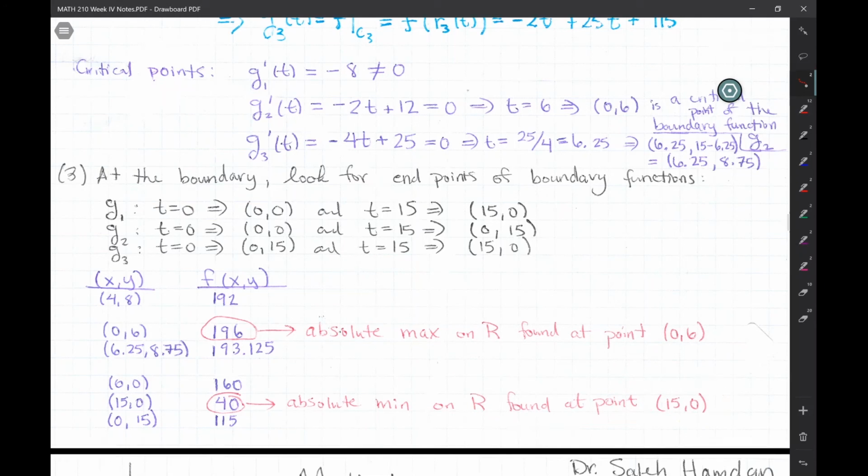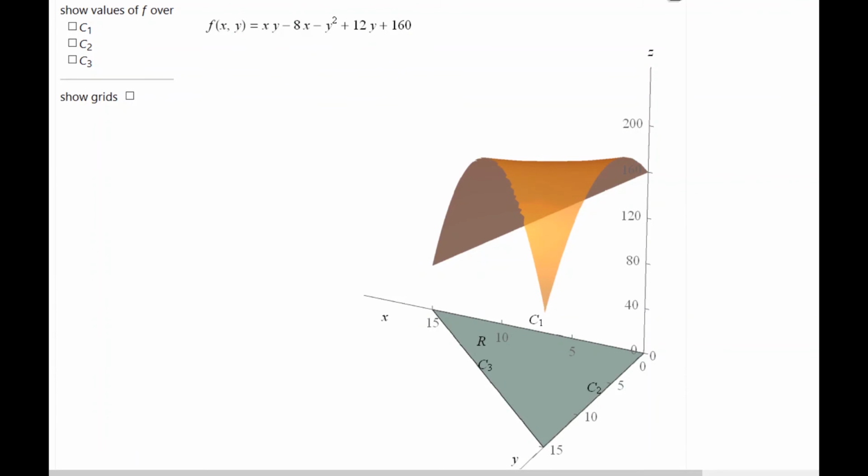Okay, so our critical point turned out to not be the absolute max. The absolute max occurred at the boundary, and so did the absolute min. So the boundary is definitely important to consider there. What you see here is the function that we considered, and you can see C1 here, and our boundary function.